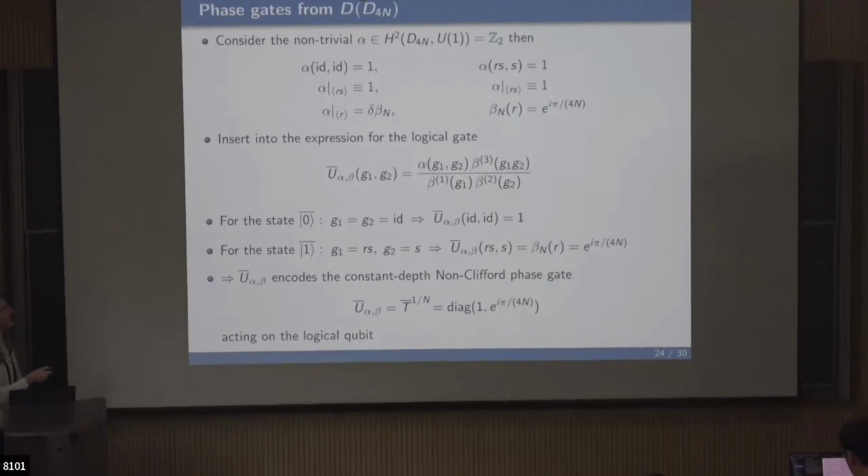So the solution to this is that beta is e to the i pi over 4n. When we plug it into this expression, we see that it's just 1 on the trivial logical state with just identity group elements, but then it will give us this phase on the RS state, which is the 1 logical state. So the logical action is that of T to the 1 over n.